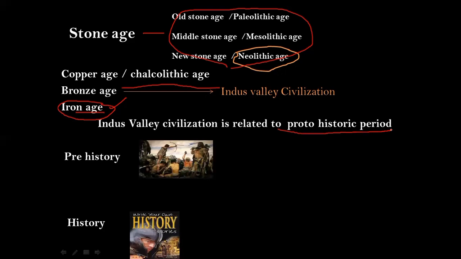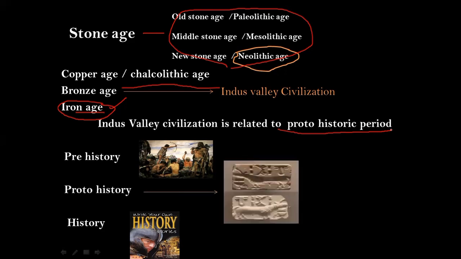But there is a period between prehistory and history called proto-history. This is a period of human existence where the art of writing was actually invented, but the script is yet to be deciphered, and its meaning is yet to be understood. The script of the Indus Valley civilization is still undeciphered.